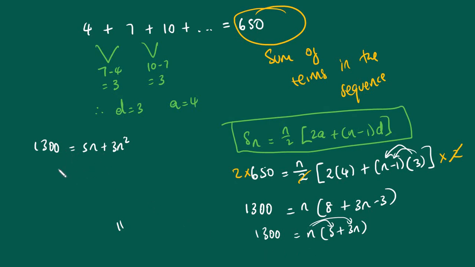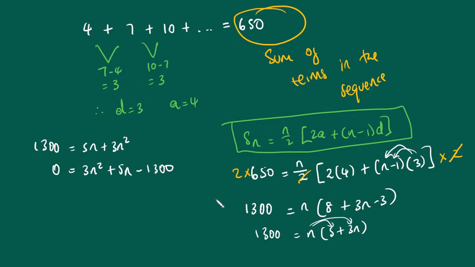Then now it becomes a quadratic. I know we don't really like quadratic. Trust me, you are just like me. But then we use the quadratic formula. So if we use the quadratic formula, we have 3n squared plus 5n minus 1300.